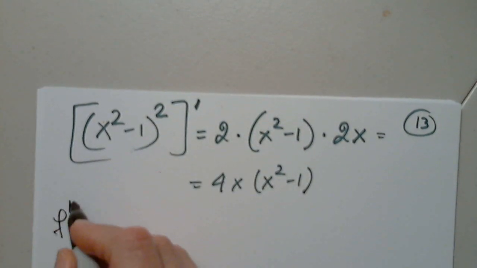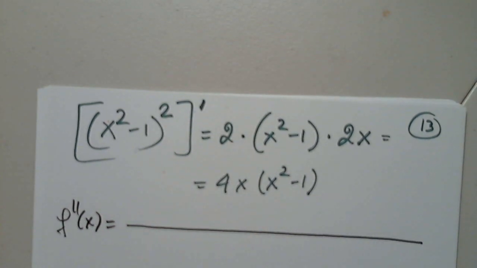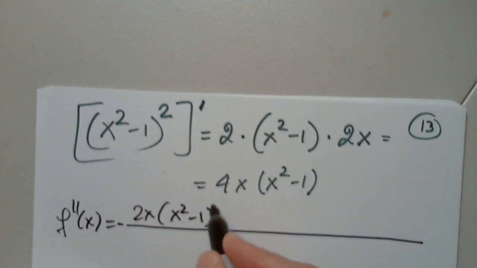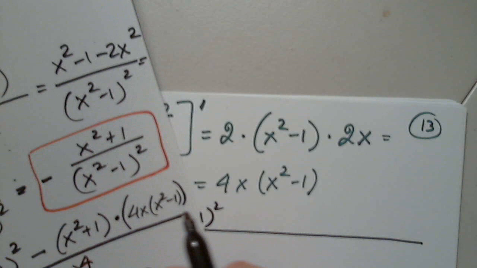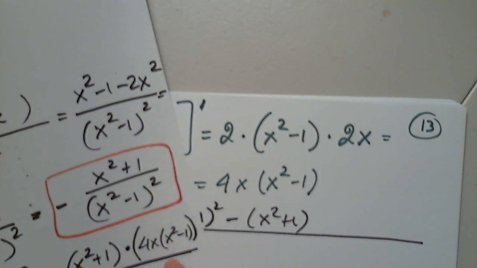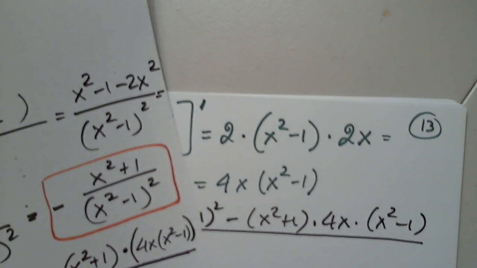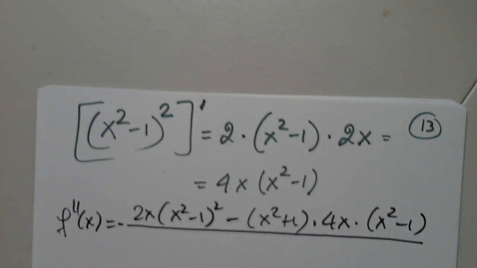You don't have to copy it again. I need to copy it so I can explain what I'm doing. So there is a minus in front. There is a 2x, x squared minus 1 squared, minus x squared plus 1. Since this is a product, I'm going to write times 4x times x squared minus 1 over the denominator to the fourth.